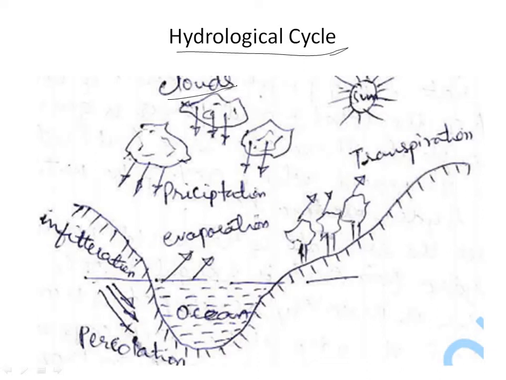The hydrological cycle involves the following processes: evaporation, precipitation, infiltration, percolation, transmission. We will be discussing one after the other. First of all, we will take evaporation.